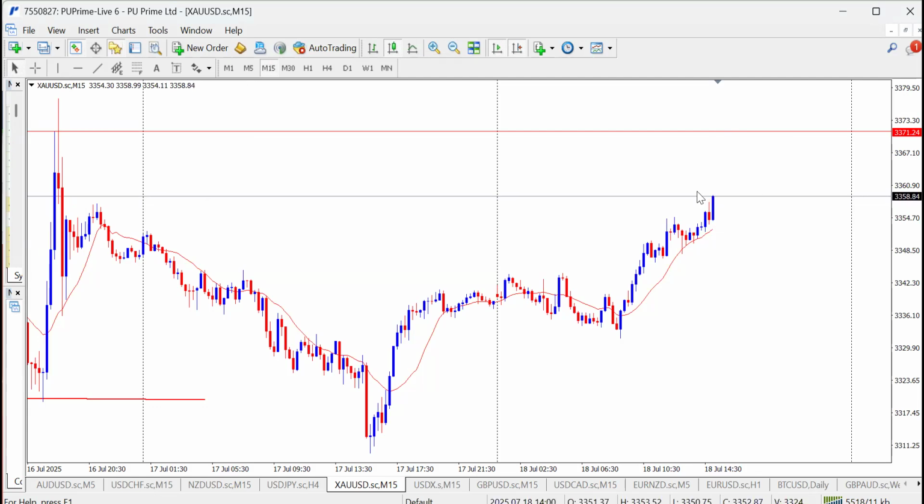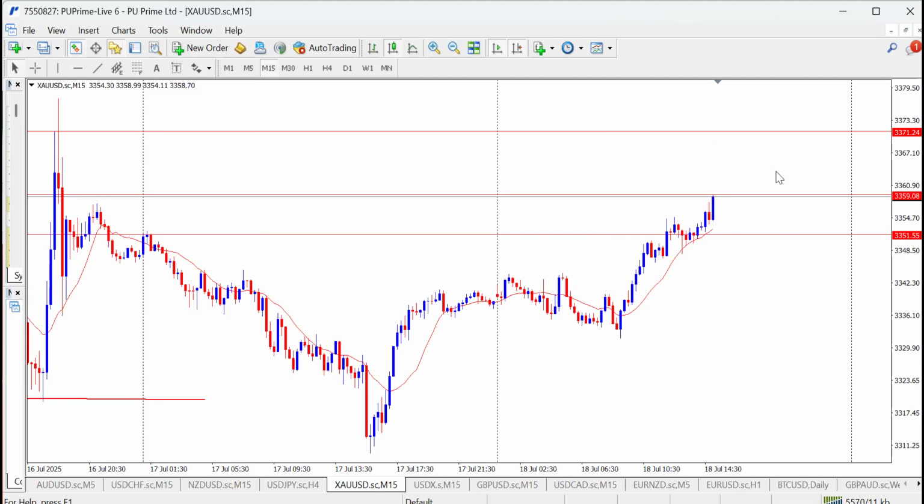So much more bullish sentiment will enter gold. Hopefully, we can take a buy. I'm not dropping a signal because this is Friday, but you can take a buy here and put your stop loss here and target this level.